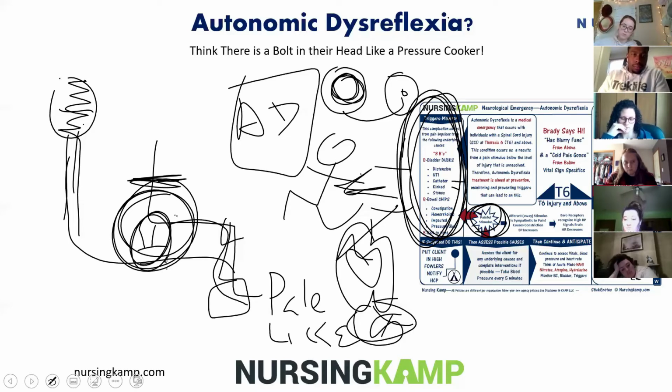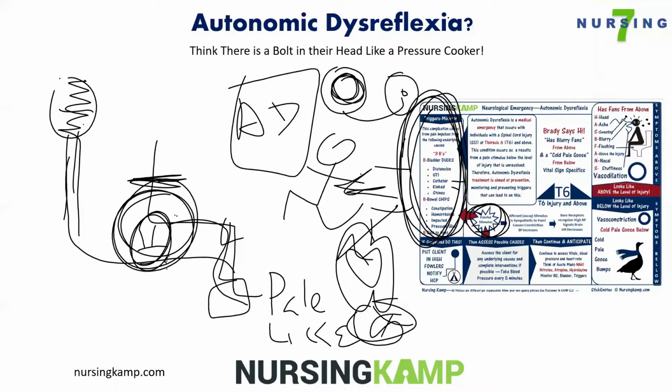And that's from over here, where you see on the cold, pale goosebumps. That's on the right side of this over here. So below it looks cold and pale and goosebumps, right? Because thermoregulation and those type of things, vasoconstriction is not priority.